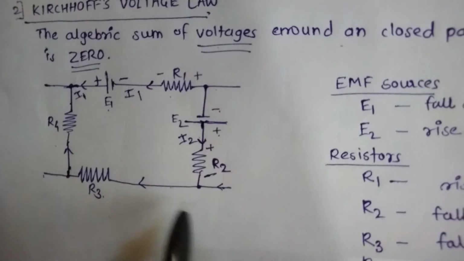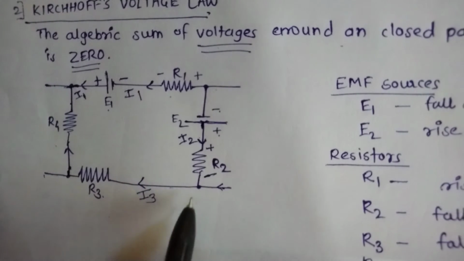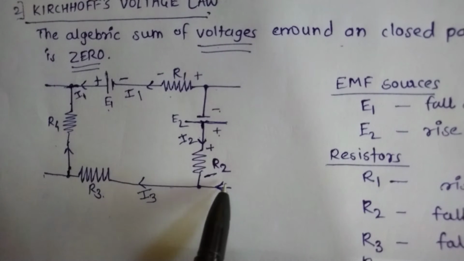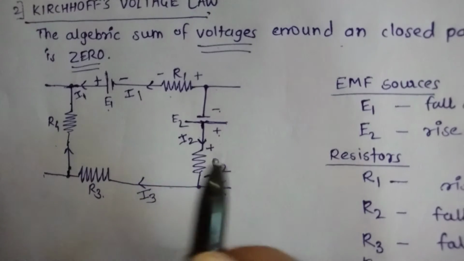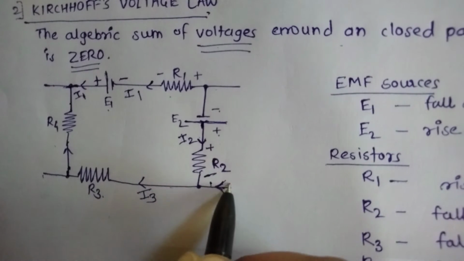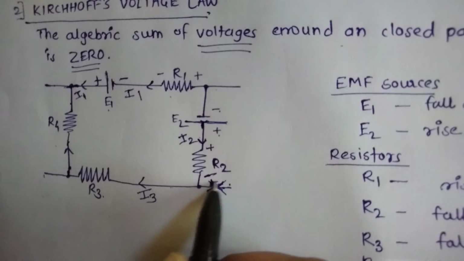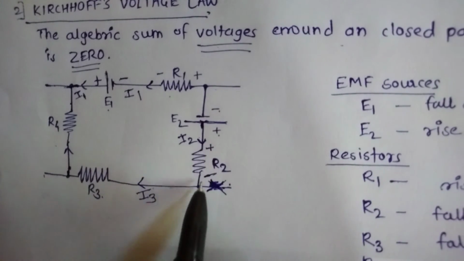Now again, some quantity of I2 may get added with the current flowing from this direction. So we will say that is I3, not I2, because some current may be added, or some current may be decreased. So there are two conditions. We can say I3 is different from this current.